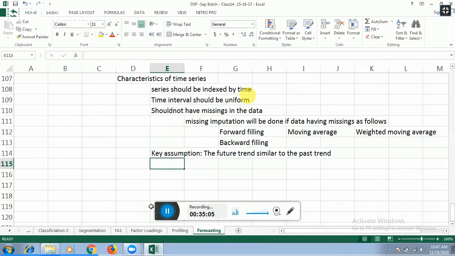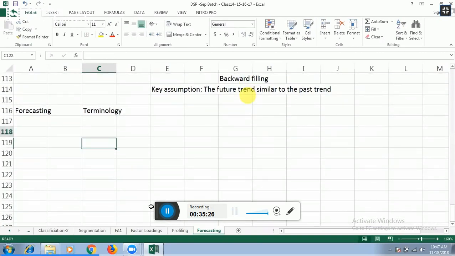Okay, now you understand what a time series is, the applications of time series, the different types of data, and the key characteristics of time series. Now, whenever we are talking about forecasting, I want to introduce a few terminologies.